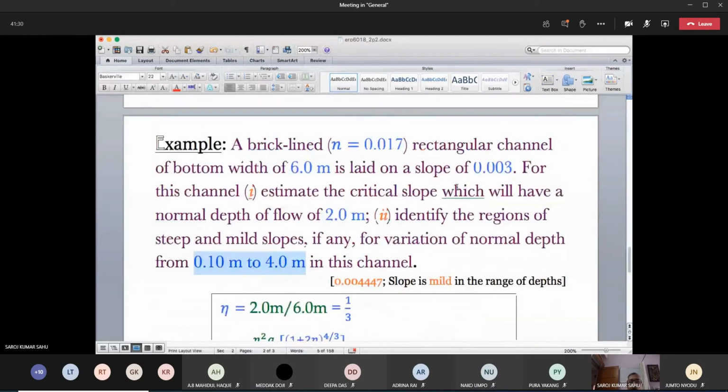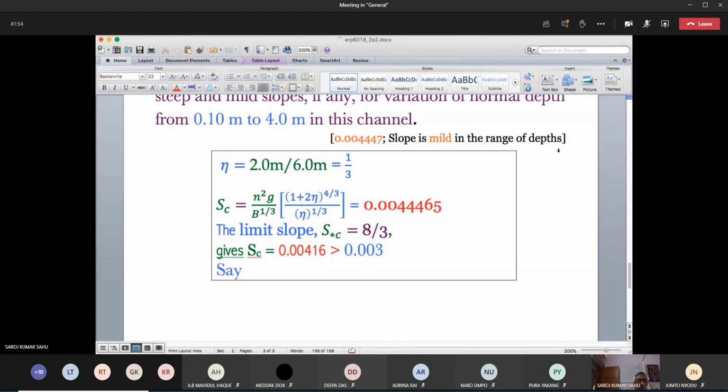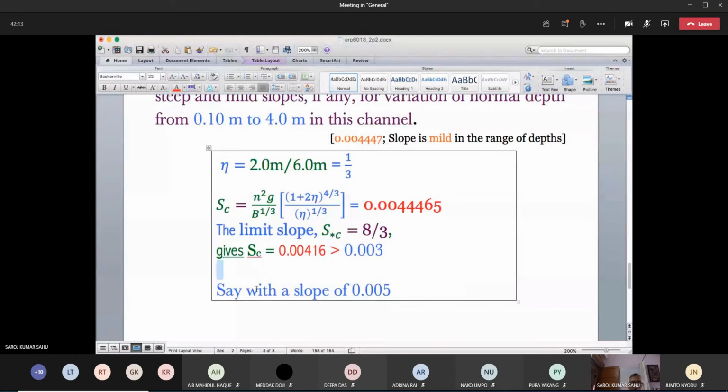Say this value would have been 0.005. With a slope of 0.005, this is not given in the question, I'm just adding this.